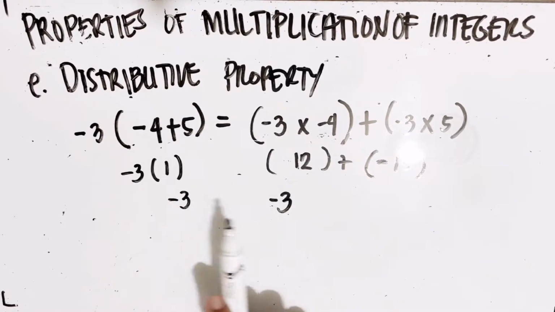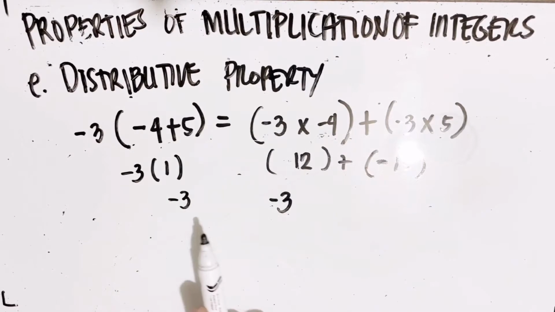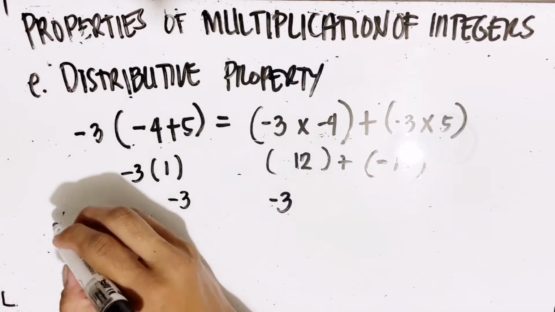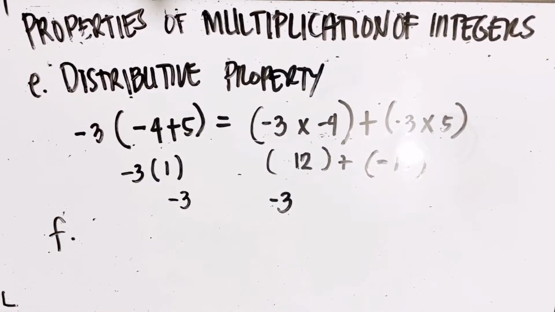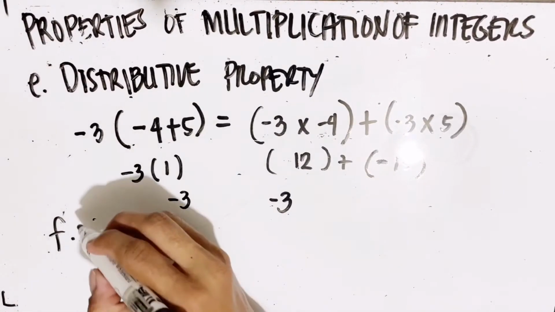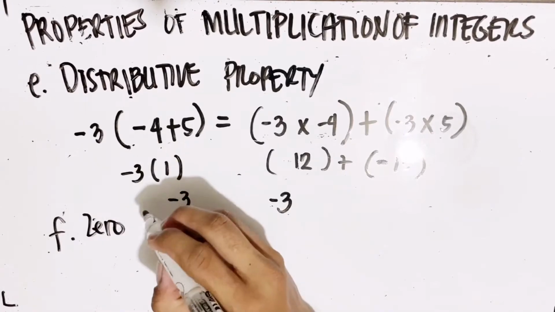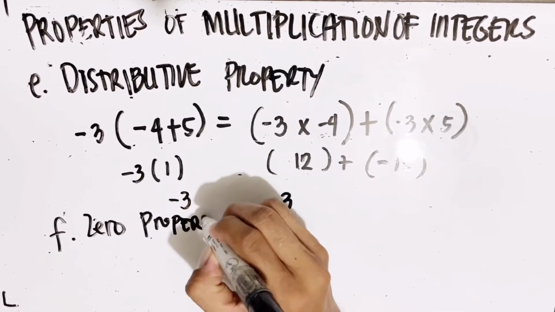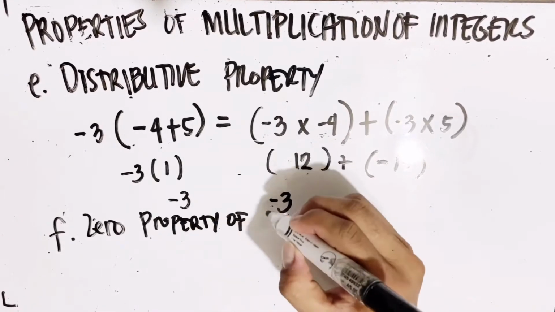Now, as we can see, the left side is negative 3 while the right side is also negative 3. So they have the same answer. That is distributive property. Next is, or the last property for multiplication of integers is the zero property of multiplication.